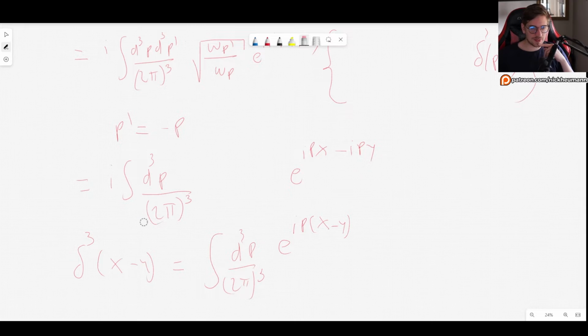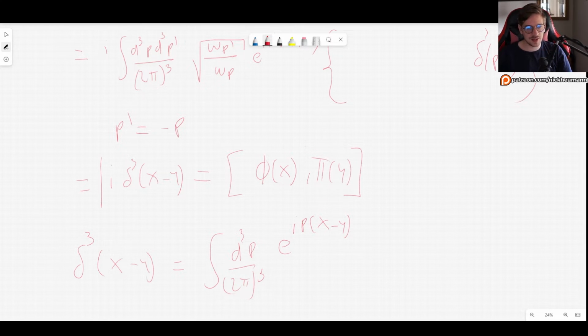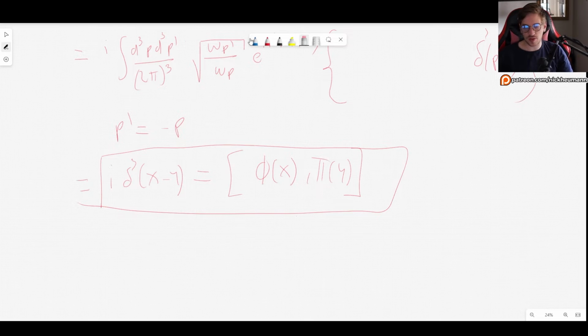So you can just write this entire thing here as the Dirac delta cubed of x minus y, which is of course the commutator of φ of x and π of y. All right, so that's what we had seen before. That's what I had told you, but now we proved it, and we also gained some experience in doing algebra with these sort of quantum field theory expressions.